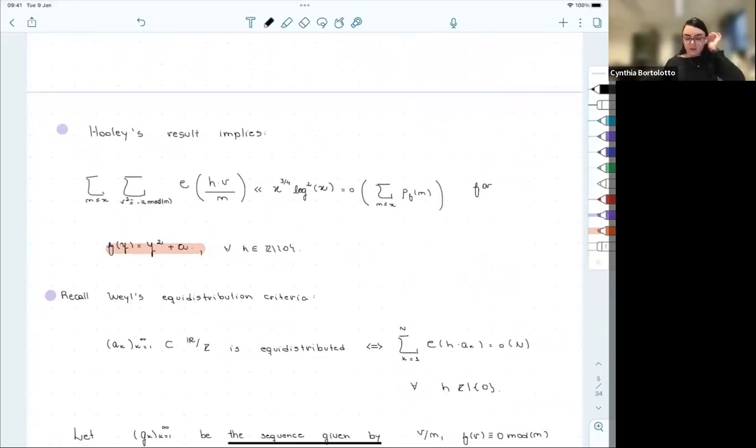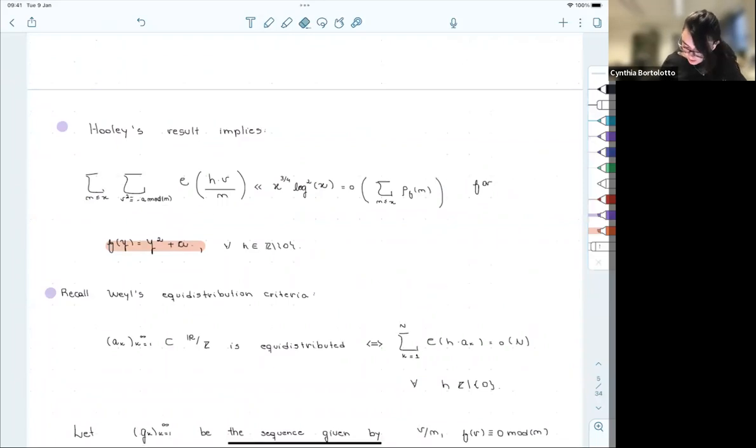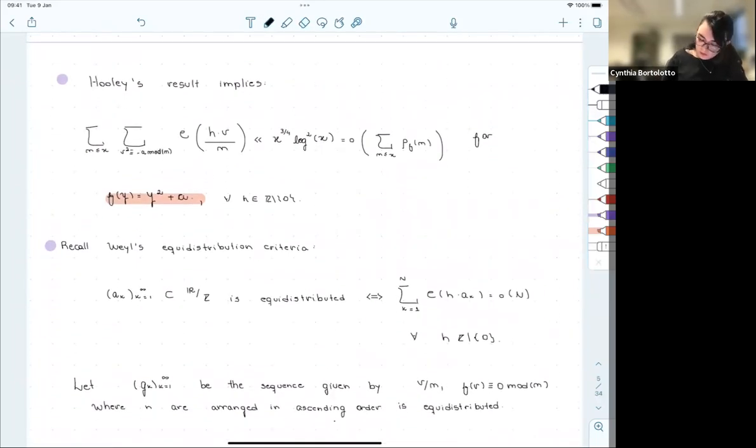So just to make it clear, what he did is he showed that when we sum this for all h non-zero, we have something that decays faster than the sum of all elements here. So that means that if we consider the sequence of v with v squared congruent to a mod n, and then we vary n, this sequence here is equidistributed.